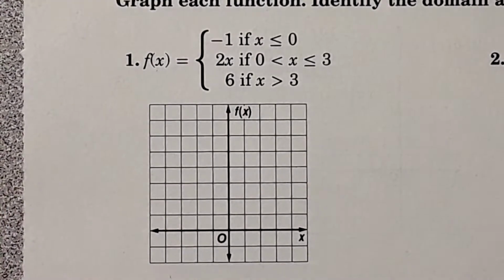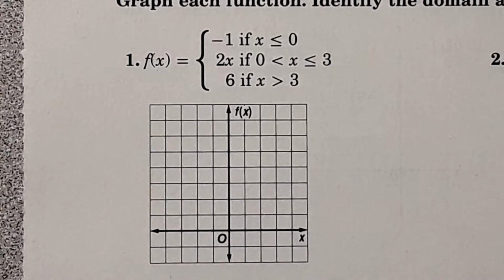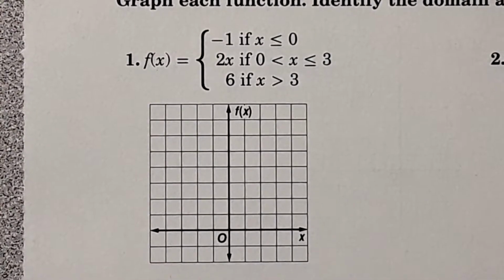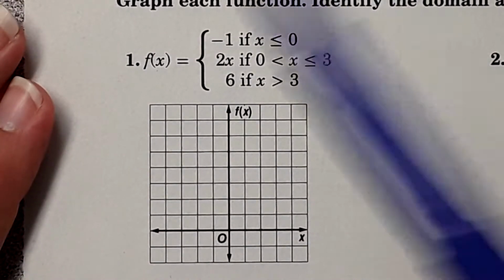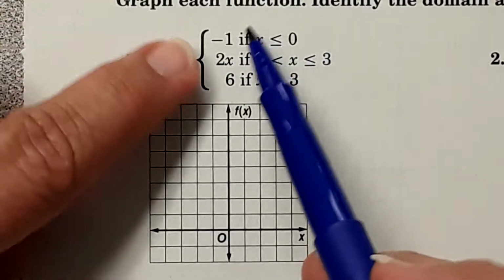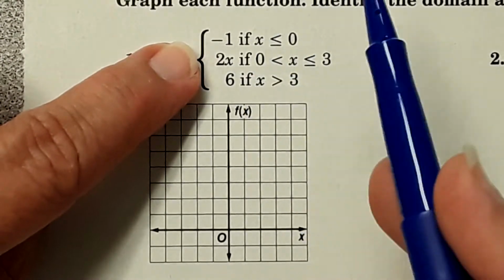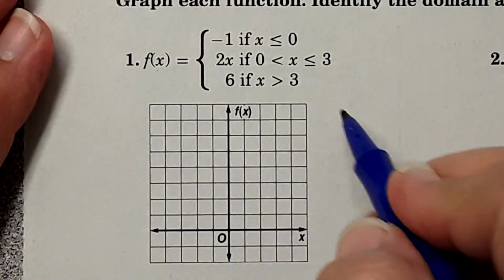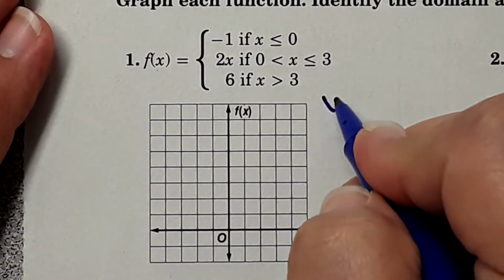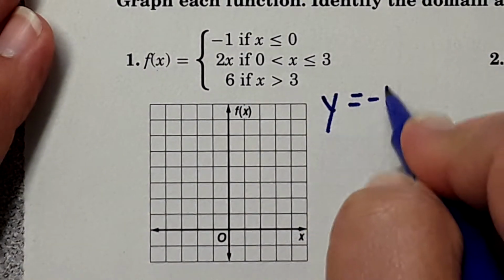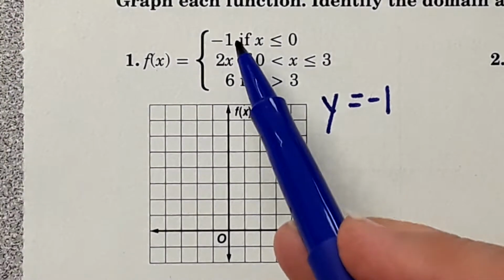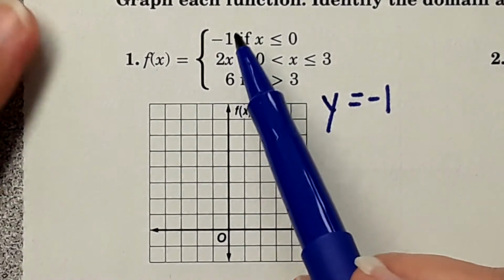We're going to graph these pieces of the function, okay? Anytime you see just a number, that means the equation is y equals that number, like y equals -1.